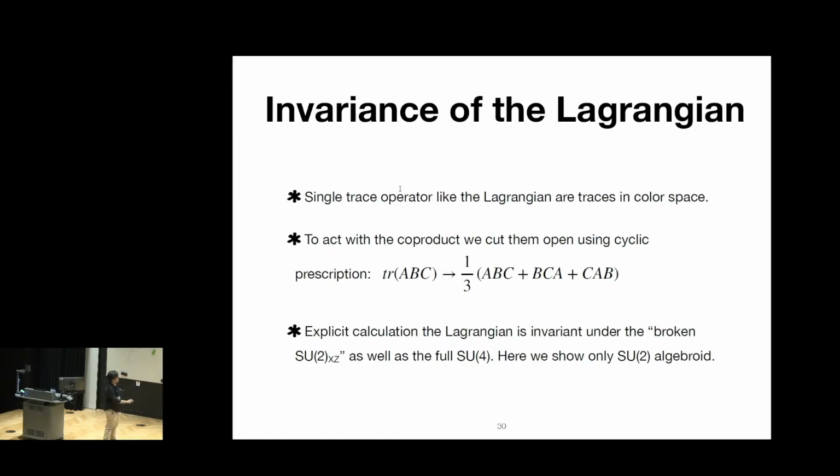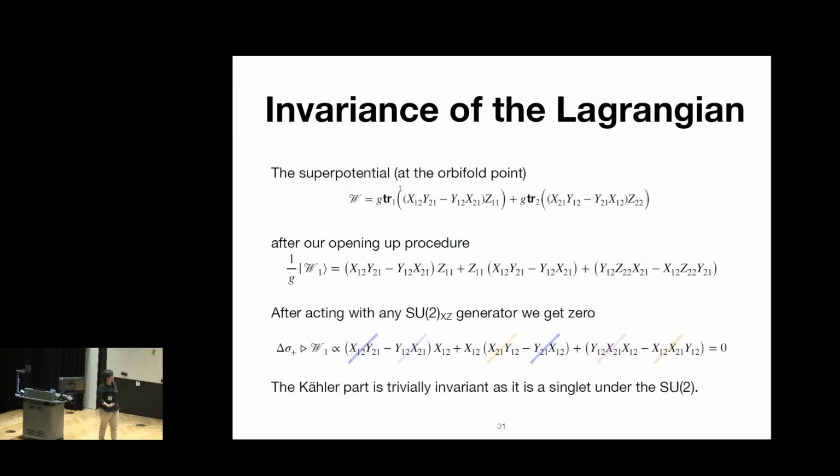And in fact, the whole SU4 is there, but I will not show this to you because I only have 30 minutes. And the fastest way to do the calculation is to use superfields, although in the paper we also have done everything in component. We went through all the pain, and there are many pages really doing this. So let's just do the superpotential. Here is the superpotential at the orbifold point where the two couplings are equal.